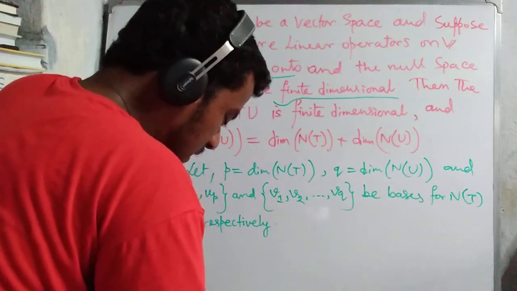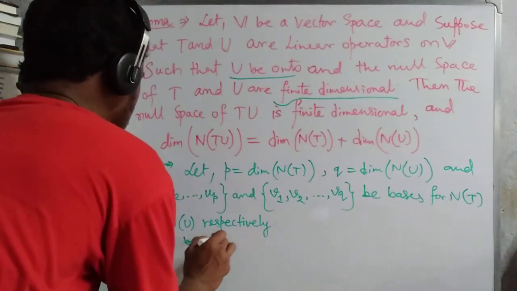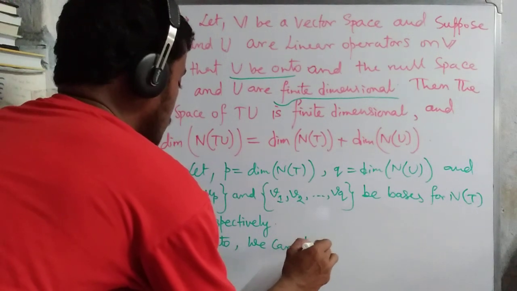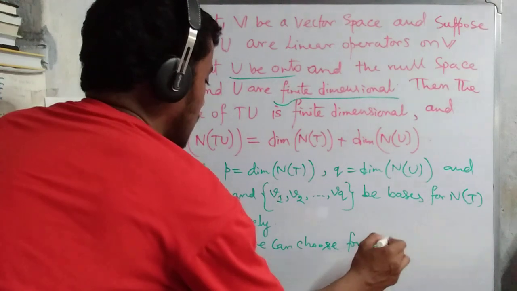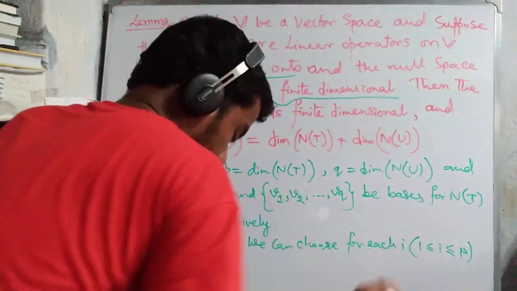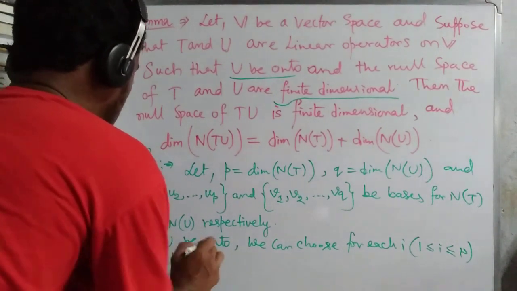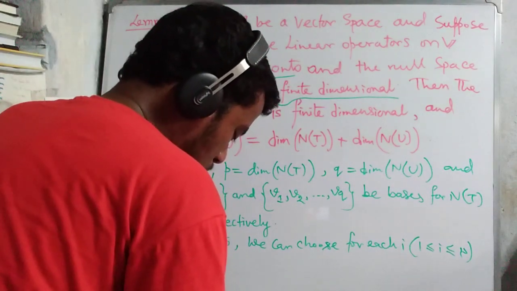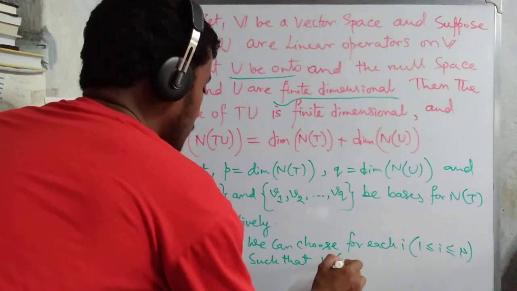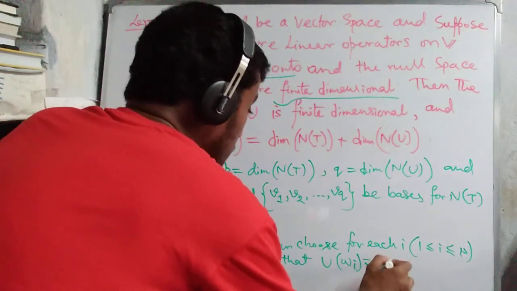Then since U is onto, we can choose for each i, 1 less than or equal to i less than or equal to p, a vector wi belonging to V such that U of wi equals ui.